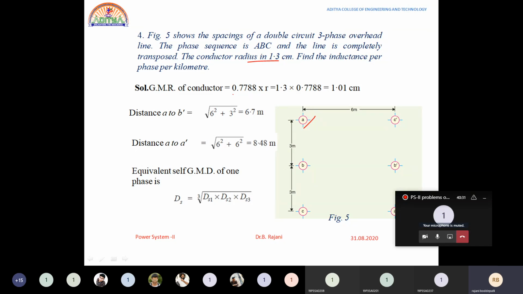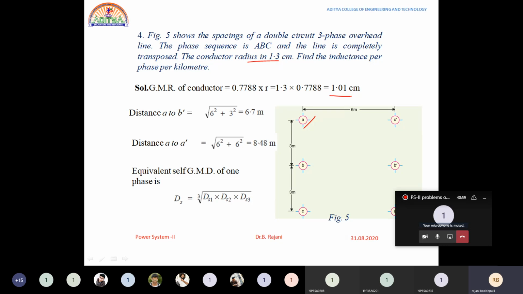For this conductor A, the self GMD is 0.7788 R, that is 0.7788 into 1.3, which is 1.01 centimeters.